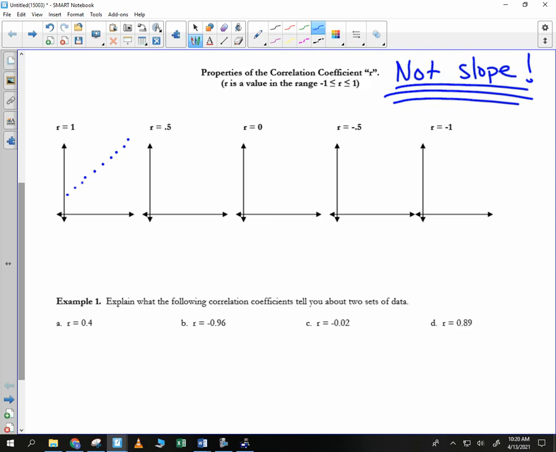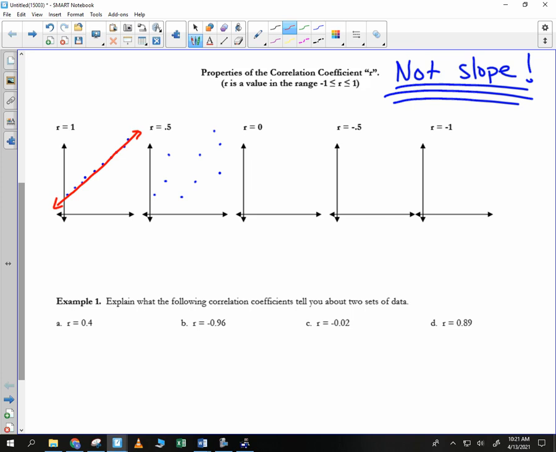R value 0.5, it means that the data does trend upwards, but it means the data is much more spread out. So for example, in the first set, you could say, I can very easily draw a line through there.